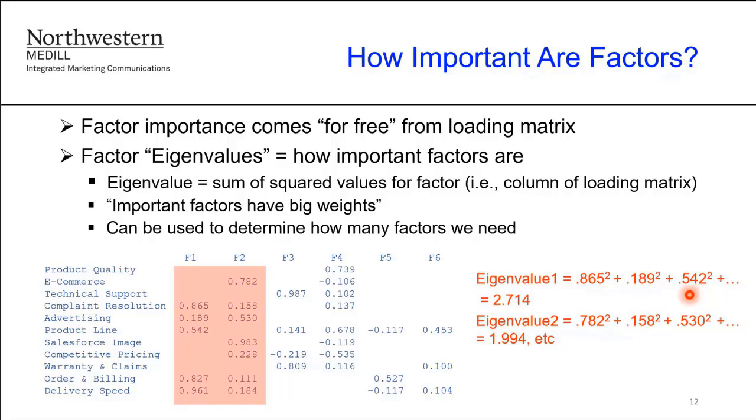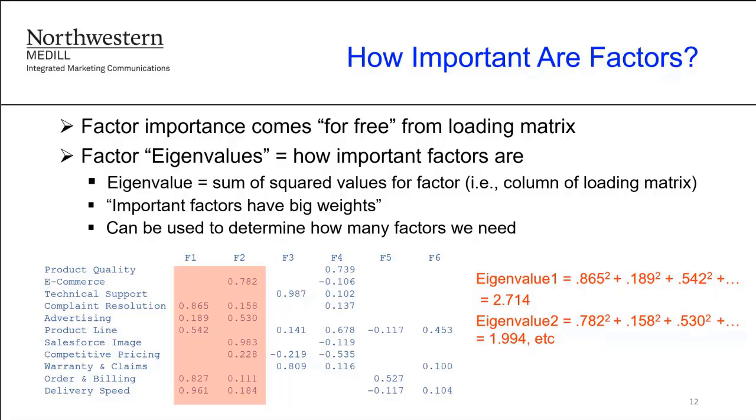Then that will be the eigenvalue for factor 1. And how about the eigenvalue for factor 2? Again, we do the same thing. We square all the values under F2 and add those values. Then that will be the eigenvalue for factor 2. So this is how we compute the eigenvalues.